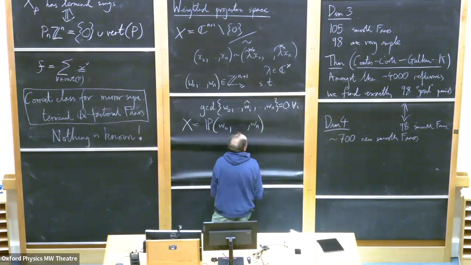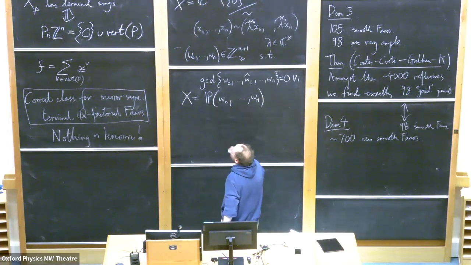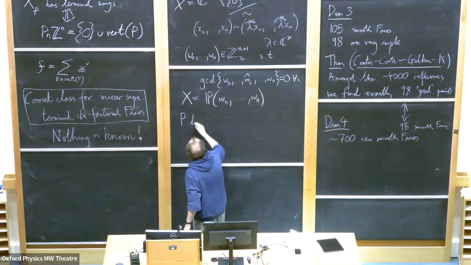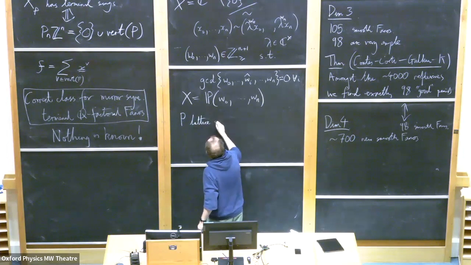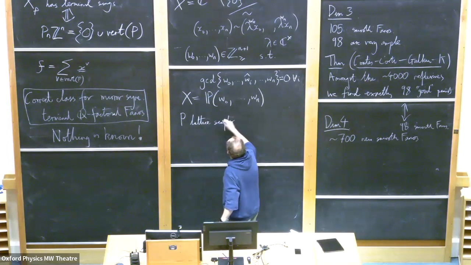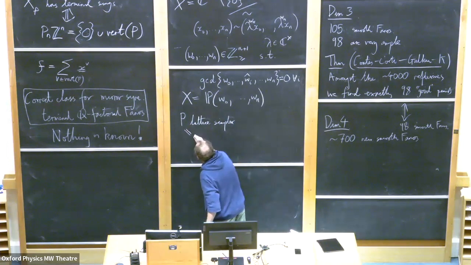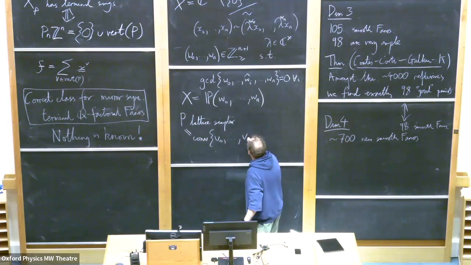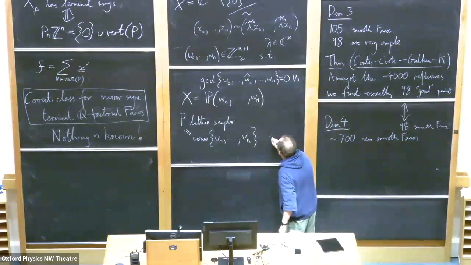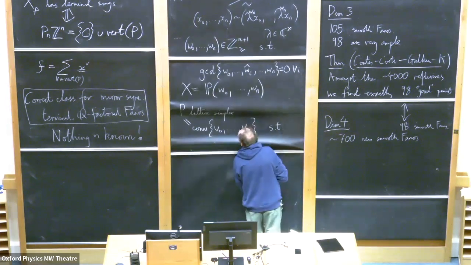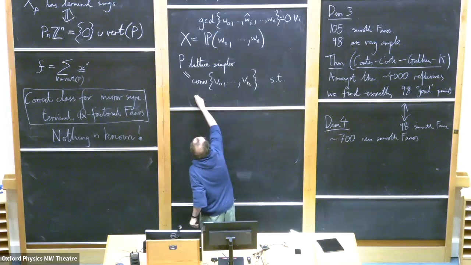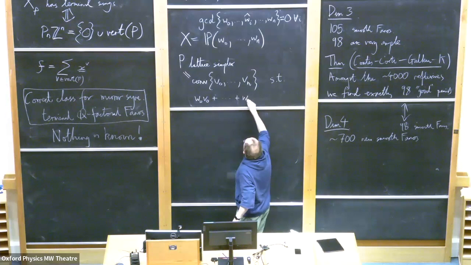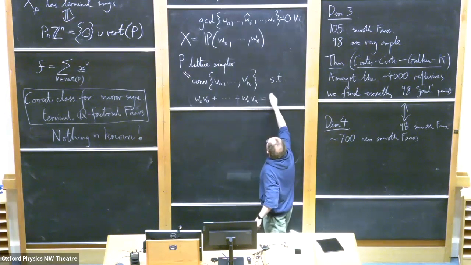These have a really nice phrasing in terms of polytopes. So P is a lattice simplex, so its vertices are V0, ..., Vn, such that W0 V0 plus dot dot dot plus Wn Vn is equal to 0.